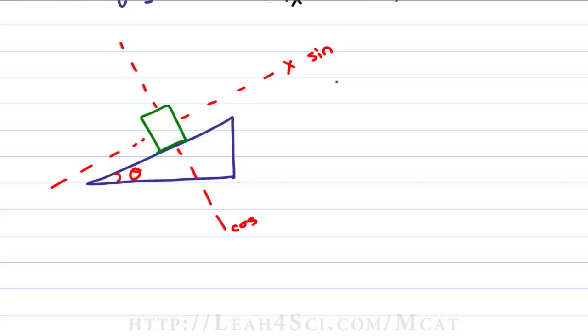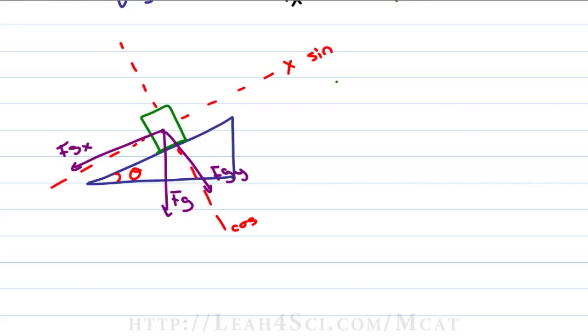Gravity does not change just because the incline changes, and so gravity goes straight down. If gravity goes straight down and it's in between the x and y components, you have to break it up so that your force of gravity in the x direction is going to be sine of your angle, and force of gravity in the y direction is going to be cosine of the angle.